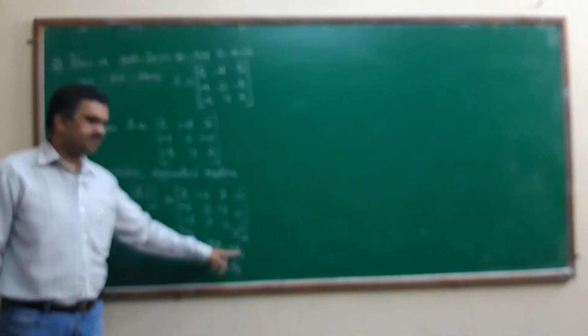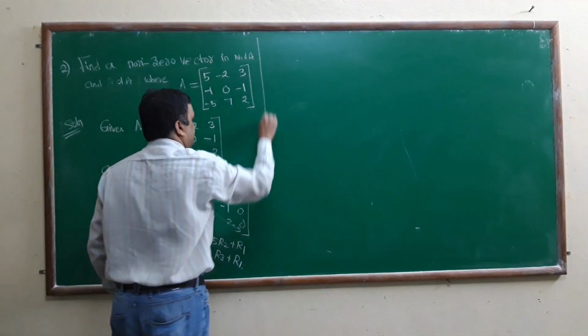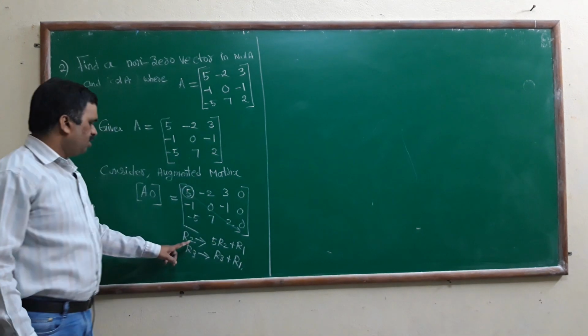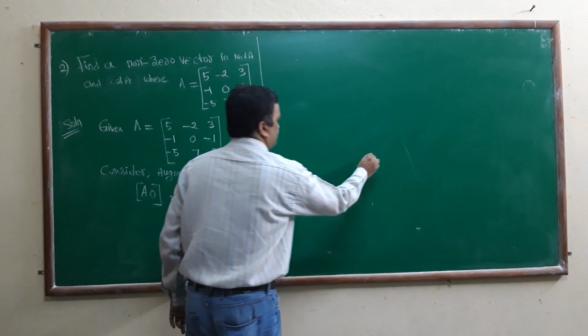Whatever row operation you are doing, that should be first and later the second operation. Now with the help of 5, I am making these two elements 0 with the help of suitable row operations. Now the first row operation is R2 implies 5 R2 plus R1. I am doing here.